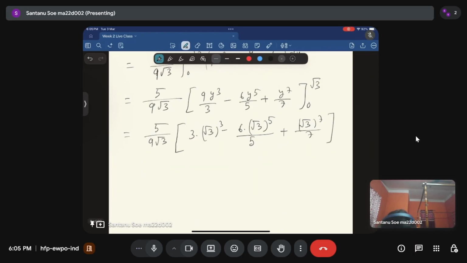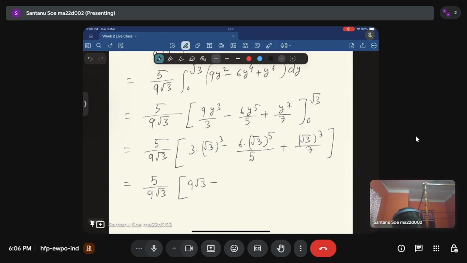Okay. So this is going to be 5 divided by 9 root 3. So root 3 cubed is 3 root 3, and root 3 to the power 5 is 9 root 3. So this will be 54 root 3 by 5 plus this is going to be 27 root 3 by 7.